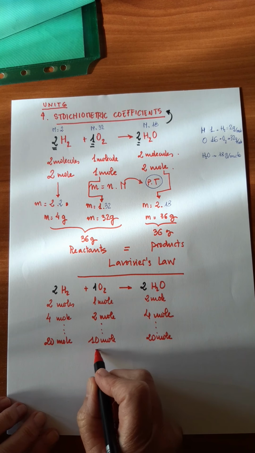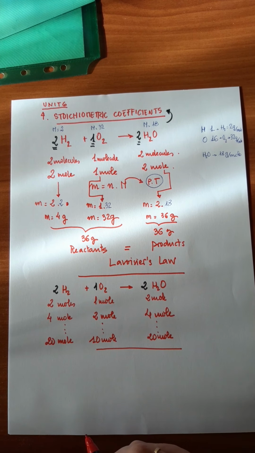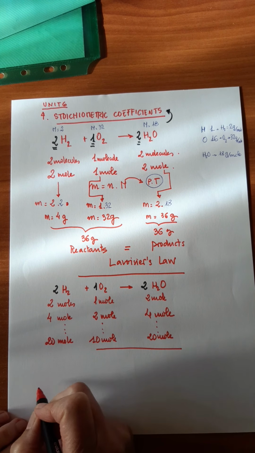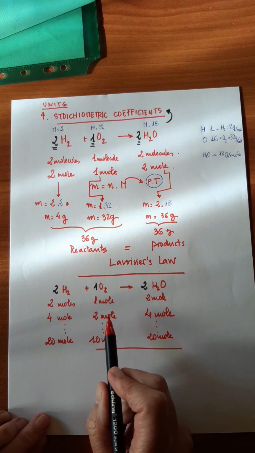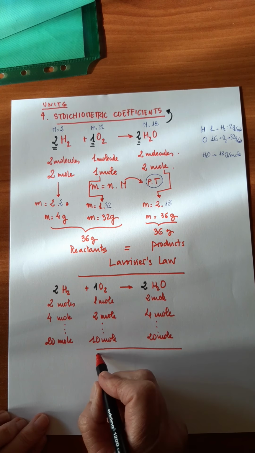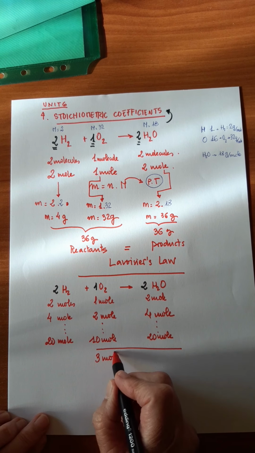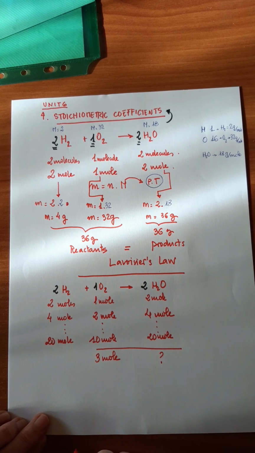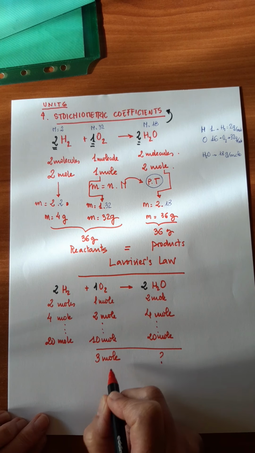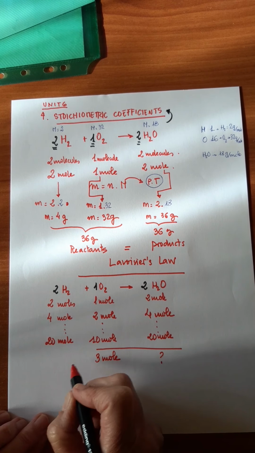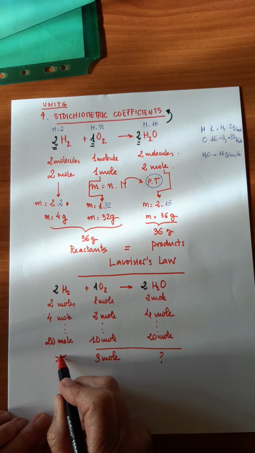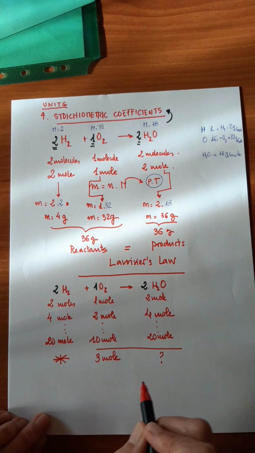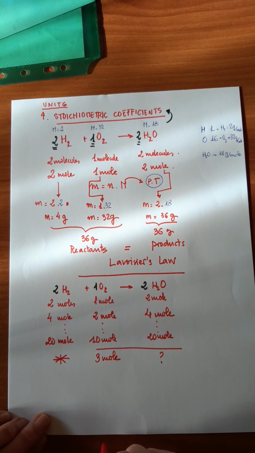For example, imagine that they ask us, how many moles of water do we get if 3 moles of oxygen react with a lot of hydrogen? We don't know how many, but I don't need this number because I can do the proportion with these 2 substances.